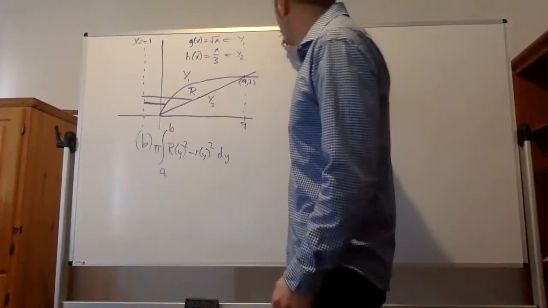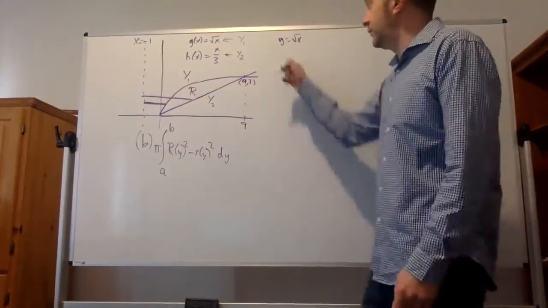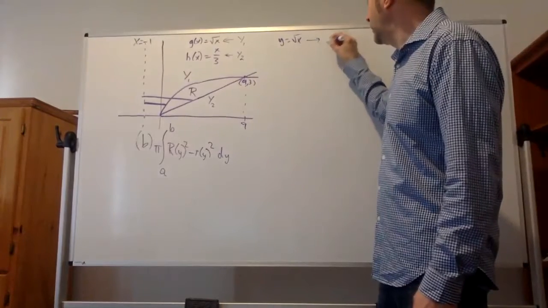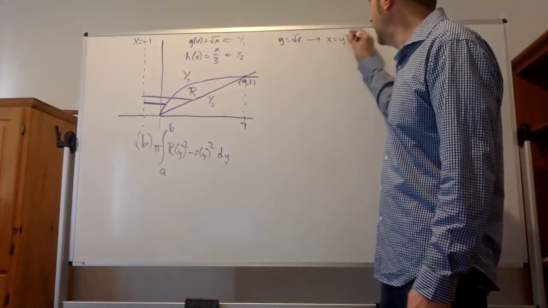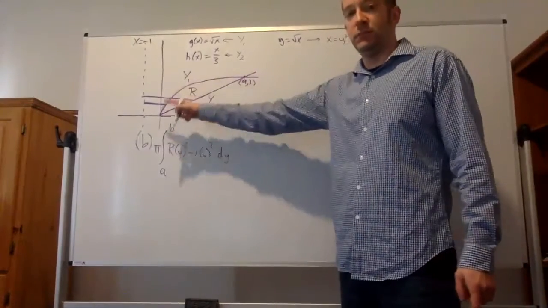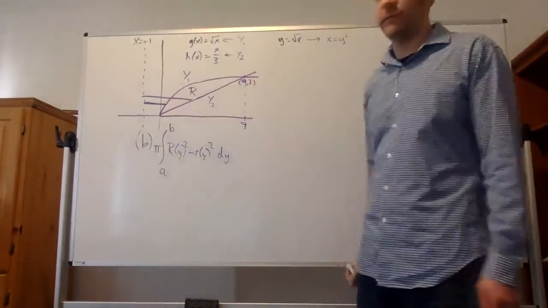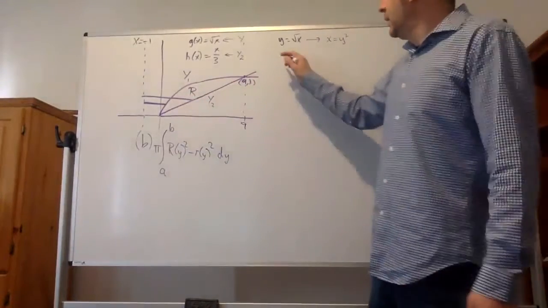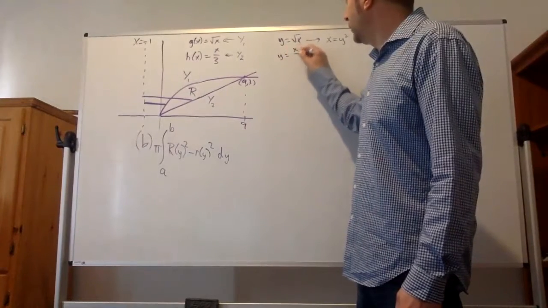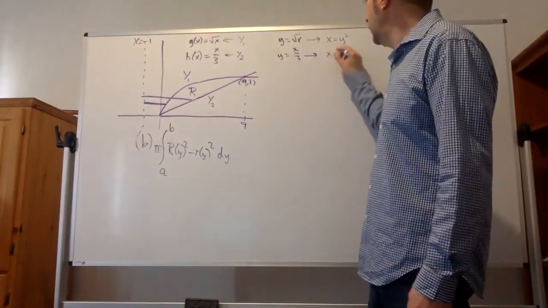So that's going to be step one. If I write y equals root x, which is what this first curve is, and solve this for x, I square both sides and I get x equals y squared. So another way to write this curve, right here, is x equals y squared. I can do something similar with the bottom one, where y equals x over 3. I solve that for x, I get x equals 3y.